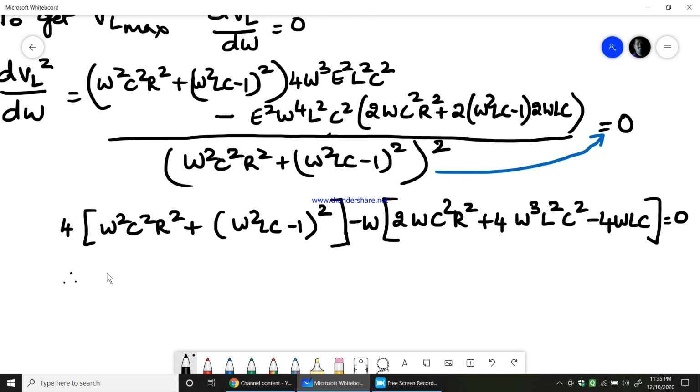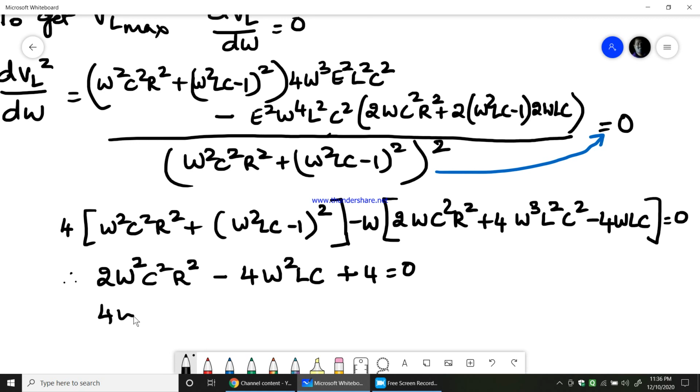Therefore, we will get 2 omega square C square R square minus 4 omega square LC plus 4 equals 0. This is the final expression that we get. Or we can say 4 omega square LC minus 2 omega square C square R square equals 4.